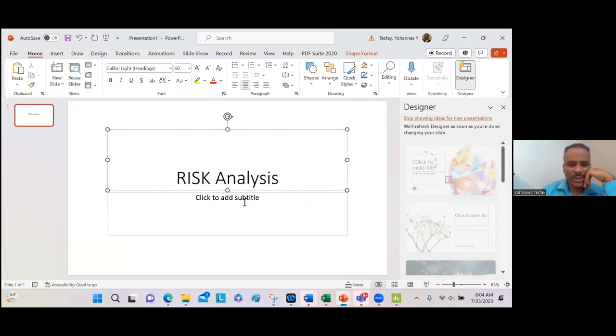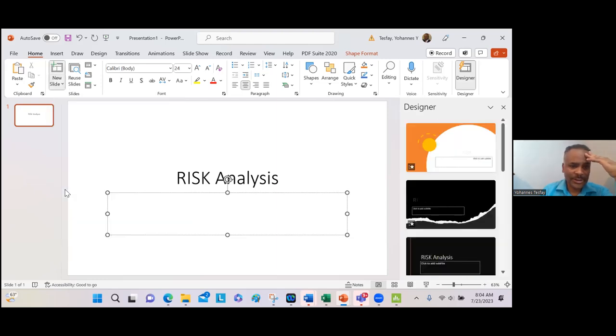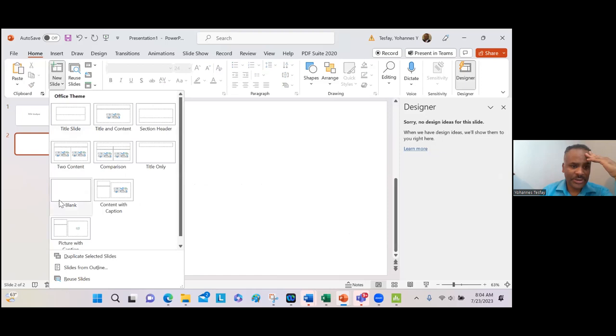So how do you analyze risk? There are a number of techniques that we're going to discuss for risk.